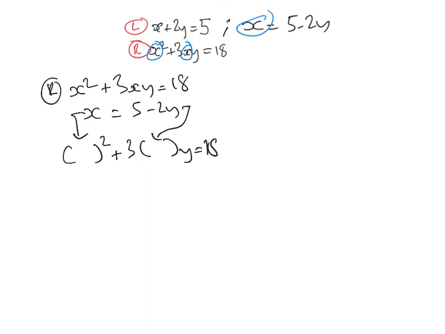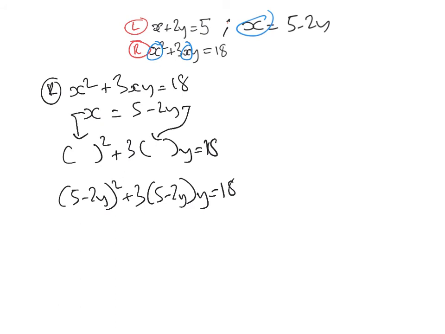Okay, so (5 minus 2y) squared plus 3(5 minus 2y)y equals 18. So there we go. We've now gone from having a reciprocal with x and y to just a nice equation that looks like it could be a quadratic with just y. So we've eliminated x. So now we just have to multiply everything out, okay?